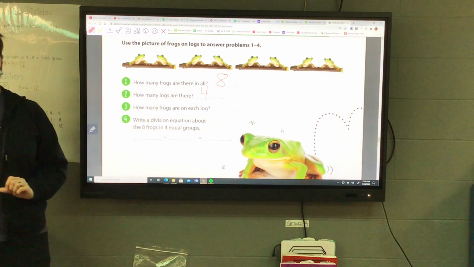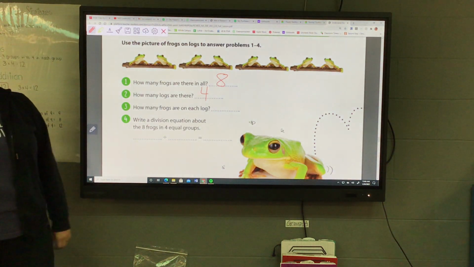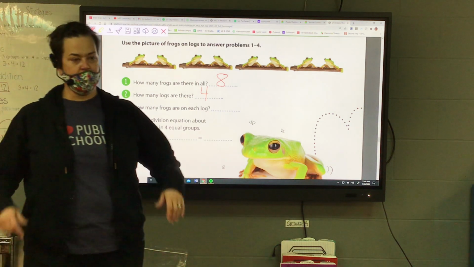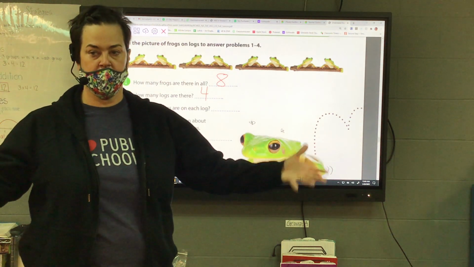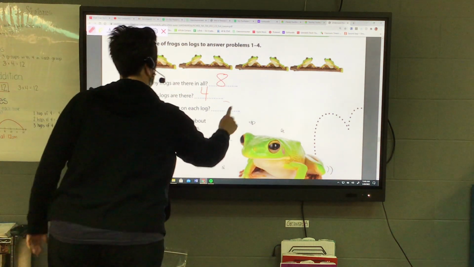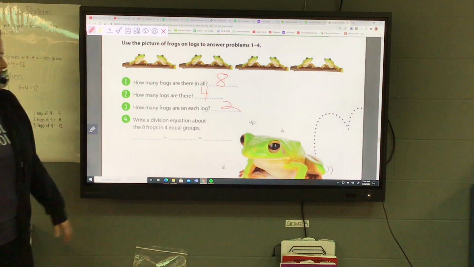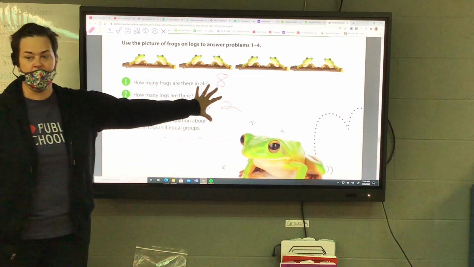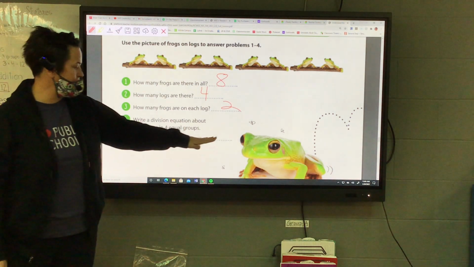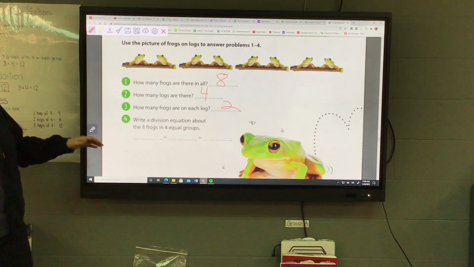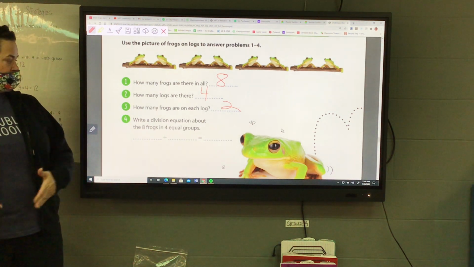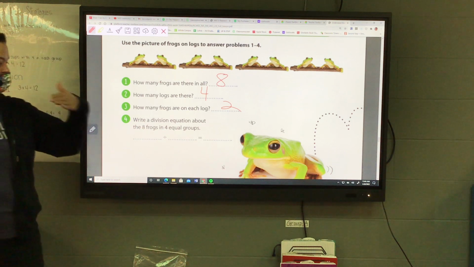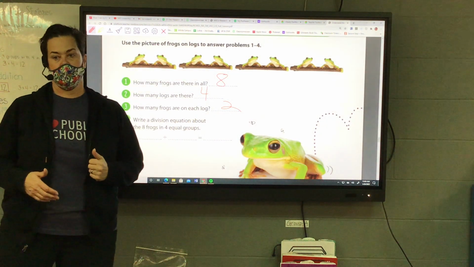Write that number down. Everybody, what did you write for problem 3? 2. We're going to use this information to create a division equation about the 8 frogs in 4 equal groups.